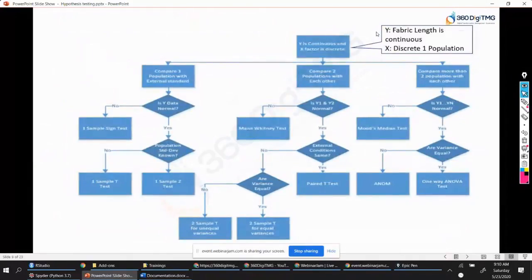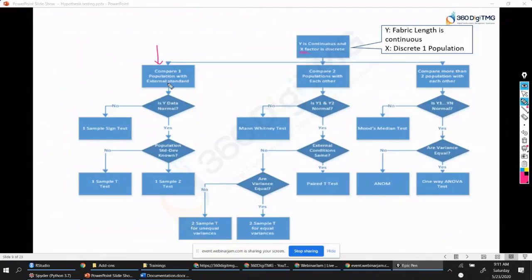Y is the output that we are estimating, which is fabric length. Length is continuous data. And the parameter that we are looking at is a single population. Right? So X is discrete, which is single population. So we come to this particular branch.